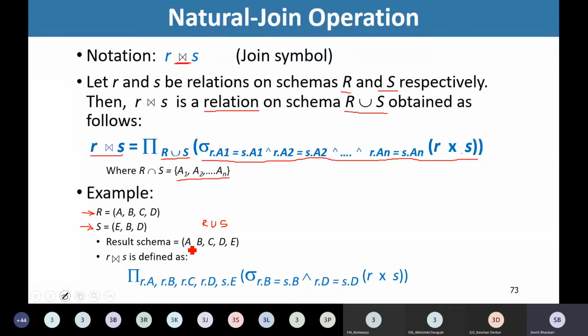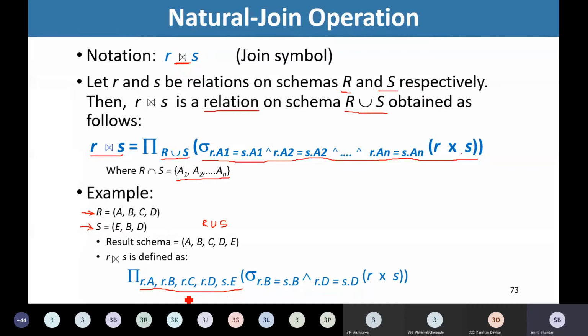A belongs to relation R, so R dot A. B belongs to both, but we need to specify from where we are getting it, so we mention R dot B, R dot C, R dot D, and E belongs to S only, so we write S dot E. This now gives us R union S, all the attributes in R and S. And the common attributes will appear only once because it is a union operation.